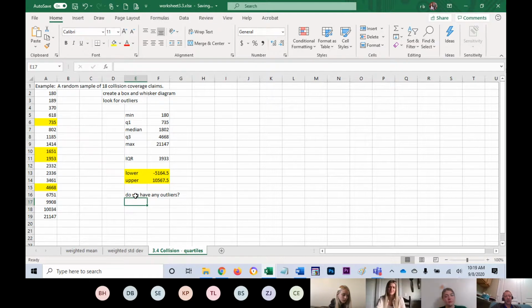Is that if one of them has a 0, like no information on it? No, so these are all of our collision claims right here. They go from $180 to $21,000. So we're trying to determine if there are any outliers.